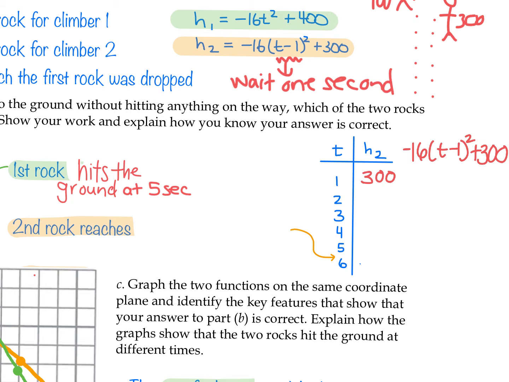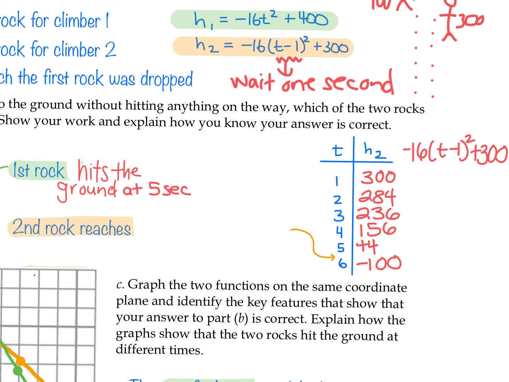At 2 seconds, 284. At 3 seconds, 236. At 4 seconds, 156. At 5 seconds, 44. And at 6 seconds in the table, I see negative 100, which means the rock is not 100 feet below the ground, but at that point it has passed 0.